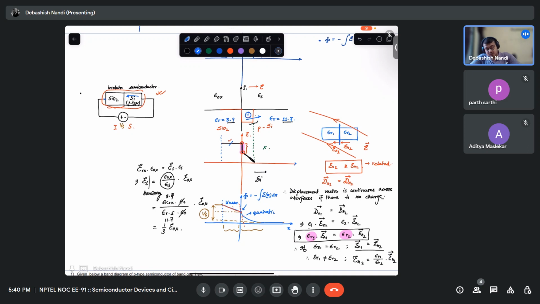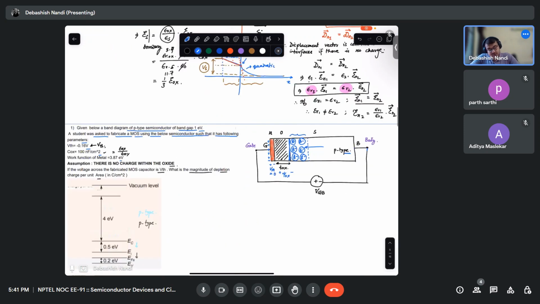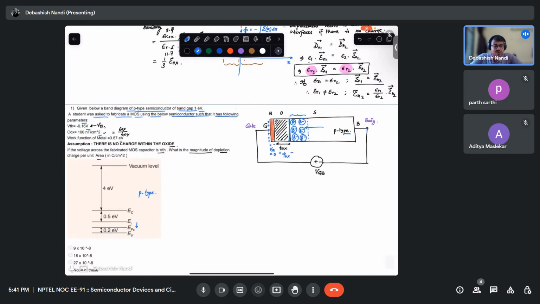Because you need to get these fields terminated, right? If you have some positive charges at this place, you have to have some negative charges at this place to get the field terminated, because you are in a system where your voltage is applied like this. Okay, so there will be a particular kind of charges attracted towards the surface. That part we call depletion. The opposite type of charges to whatever is there in the gate will get attracted toward the interface.